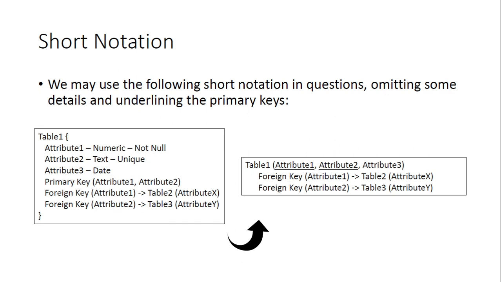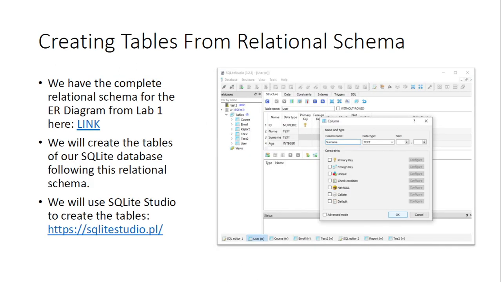In the homeworks, for example, or in the exams, you might see such notation, or we might ask you to write such notation. In this case, you just write the table's name followed by the attributes, and the foreign key is underlined. So if multiple attributes are the foreign key, you underline each of these attributes together, and then you write the foreign keys and the attributes and the tables that they are referring to.